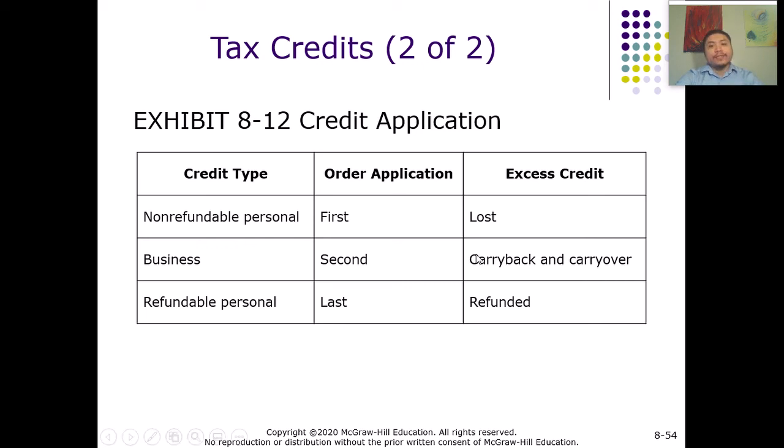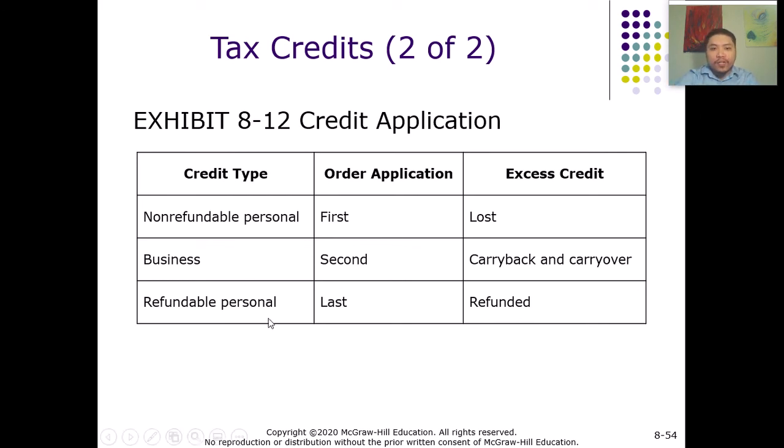Right. And then here it also shows some of the characteristics of the different types of credits. Right? So for the first one, the non-refundable personal credit, if we don't use all of the credit, then we're going to lose it. There's no refund. There's no carryover, carry forward. Right? For business credit, if we don't use all of the credits that we are eligible for, we can either carry back 1 year or carry over for 20 years, right?